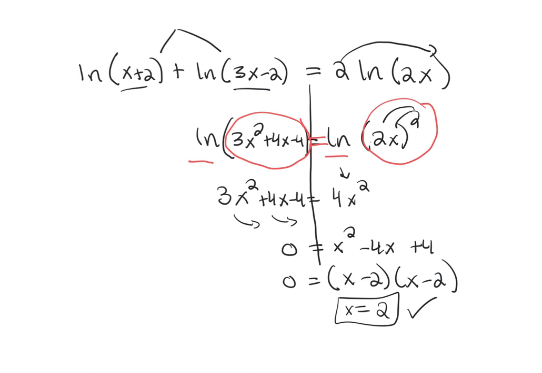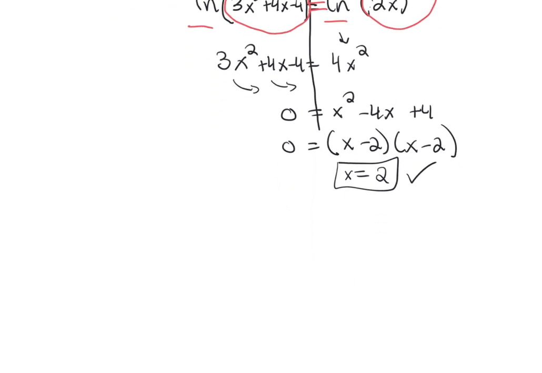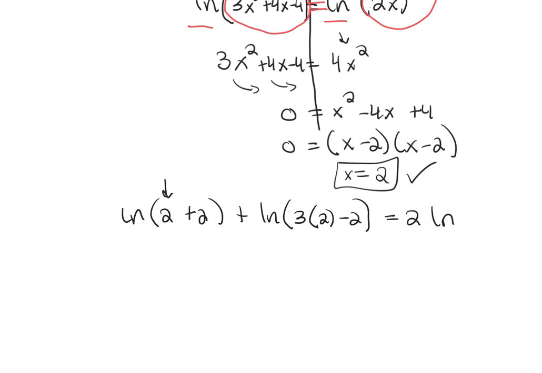Now, you might not have room on your notes, but I do want to go through the checking process on this one. So I'm plugging in 2 back into the original function. So let's see, ln of, I'm plugging in 2 for my x, 2 plus 2 plus natural log of 3 times x, which is 2, minus 2, equals 2 natural log of 2x, so 2 times 2.